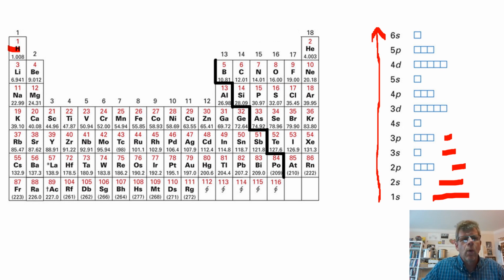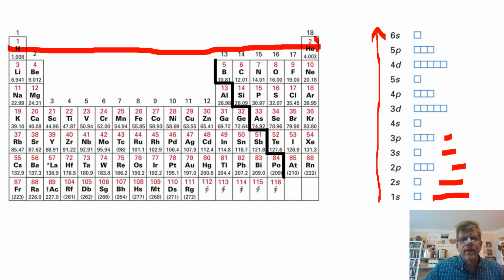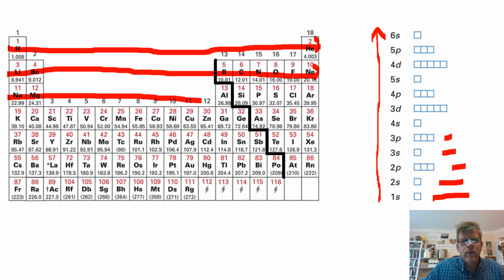So here we go. Energy level 1, 1s, completed. Energy level 2, 2s, 2p, completed. Energy level 3, 3s, 3p. Next line has to be 4s, because we've already done 3s.